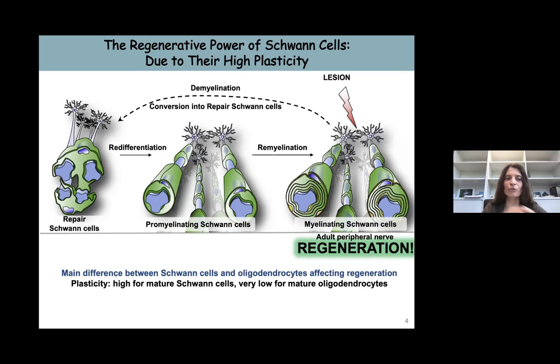So axonal regrowth is blocked, prevented by the myelin of those oligodendrocytes. This is one of the main reasons why the CNS does not regenerate efficiently, whereas the PNS can regenerate very well. So we are very interested in my lab to understand the mechanisms that control the different plasticity of the Schwann cells and the oligodendrocytes.